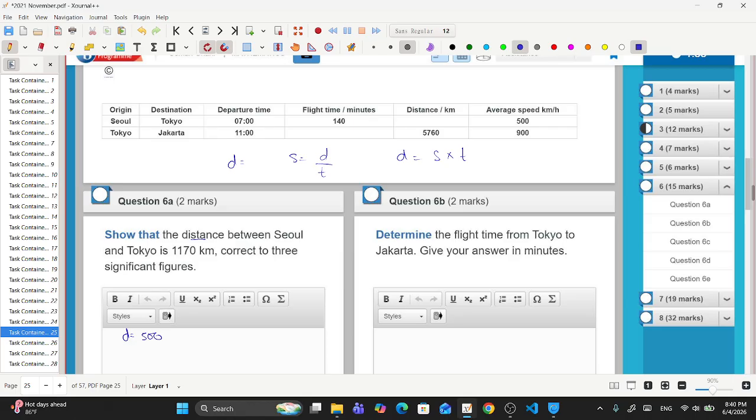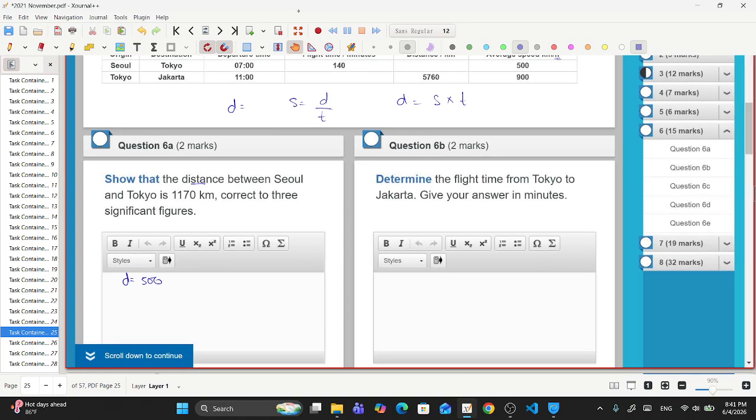But there's a slight problem here. It's supposed to be in hours. Why? Because the average speed is being represented by hour. So the average speed is in kilometers per hour, right? So the flight time should also be in hours. But here it is given in minutes. So we're going to multiply this by time of 140 over 60 because there are 60 minutes in 1 hour.